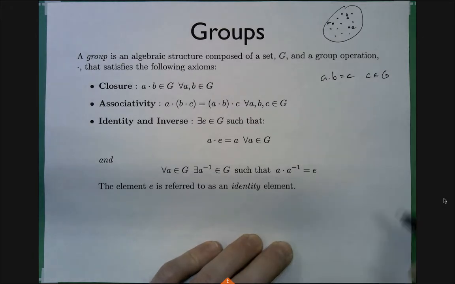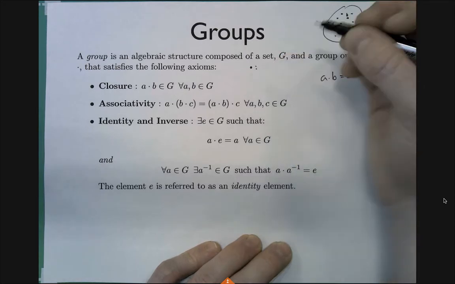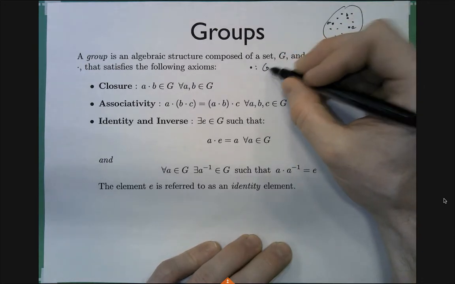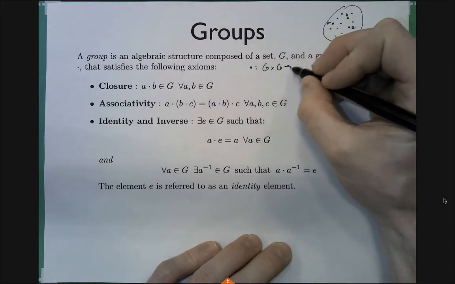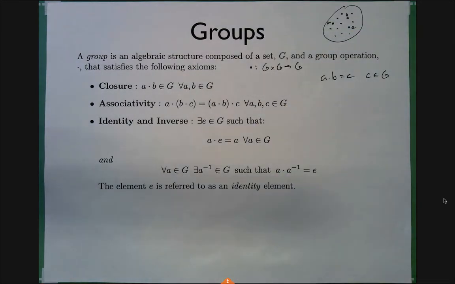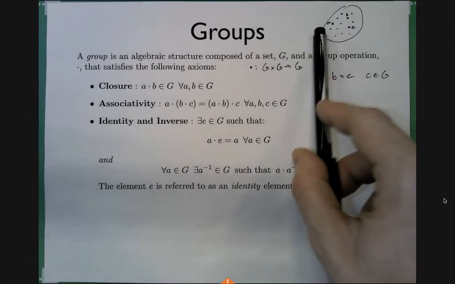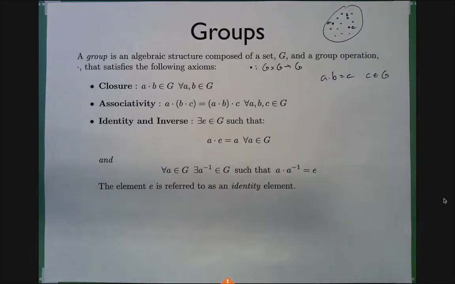If you wonder about the type of this group operation, that's a function that maps from G and G back to G. That's basically what closure means. I like to write the types of things. So if I multiply two elements from the group, I will not run out of the group. It's self-contained, the closure property.